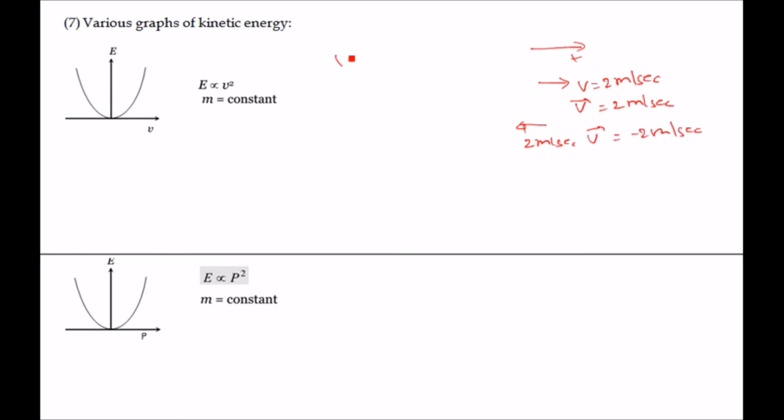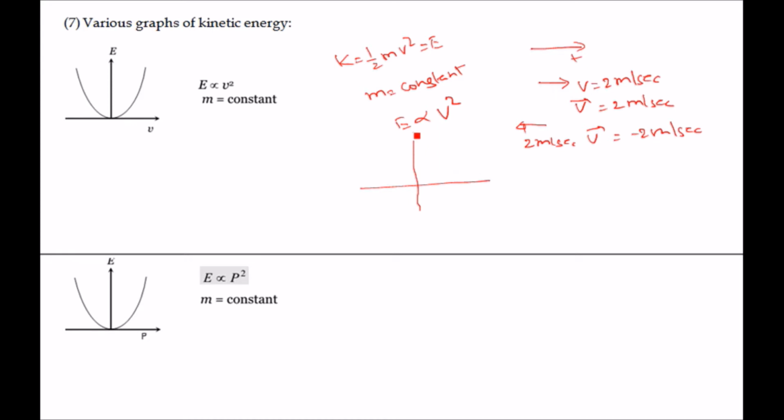As we know, kinetic energy K is equal to half mv square, so for constant mass, energy is directly proportional to v square. Whether the body is moving in the positive direction or in the negative direction, the energy will remain the same, as it is the square of velocity.